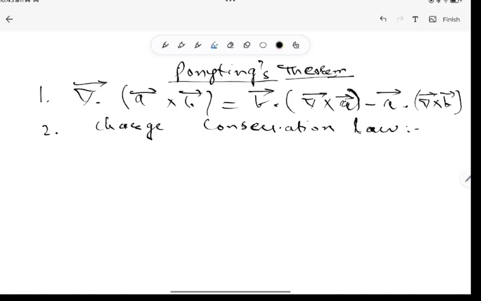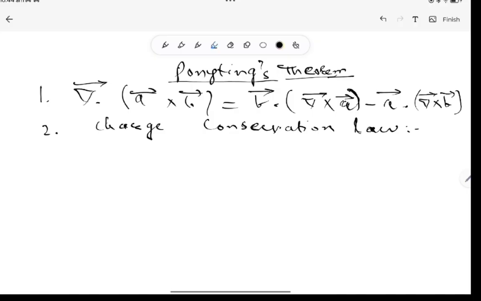That means only those things happen in this world which obey those conservation laws. There are 7 absolute conservation laws, and those processes do not happen at all which violate them. One of the conservation laws is charge conservation.